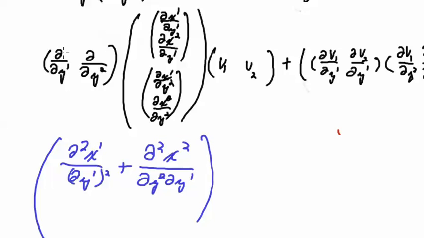So this would be del squared x1 del y1 del y2.